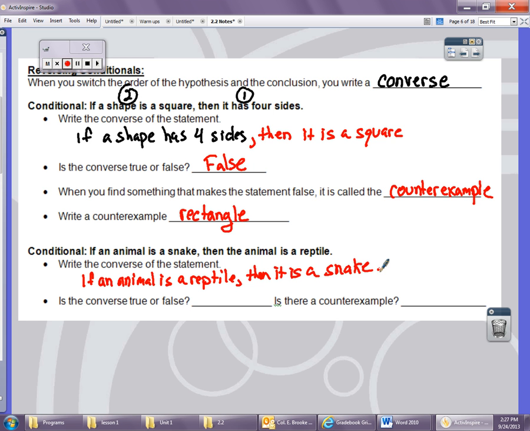Is the converse true or false? False. And a counterexample, what's a reptile that's not a snake? Maybe a lizard? Lizard's a reptile, hopefully. It's not a snake.